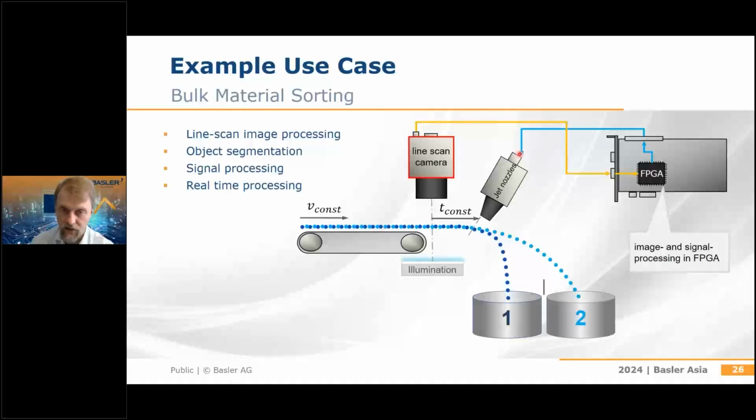And these get switched in hard real time with a very low latency, so that the white objects, they straight fall down, and the black objects, they are shifted to the right by applying an air pressure impulse on these. So they move to the right. By this you can do very fast sorting while material is falling at a constant speed along the actuators, and they get scanned by a line scan camera in this case.